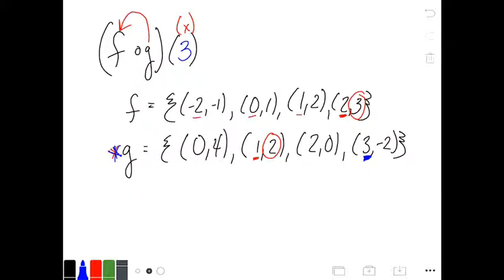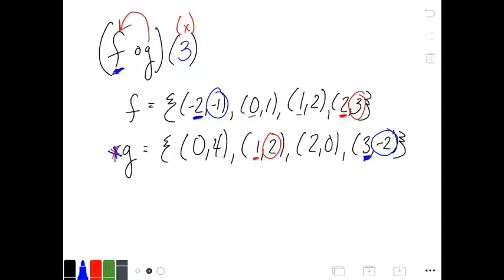So when x is 3, the function is equal to negative 2. But now I'm going to the f of x function, and I'm looking for negative 2. Well, here it is, negative 2. So when that is negative 2, your f function is going to be equal to negative 1. So our answer for number 14 is negative 1.